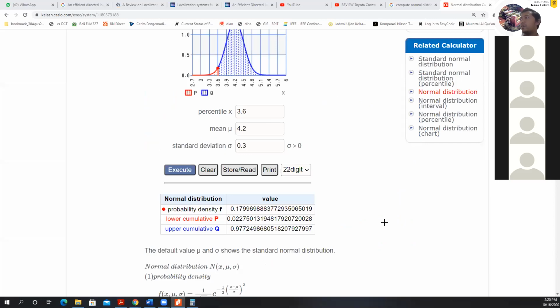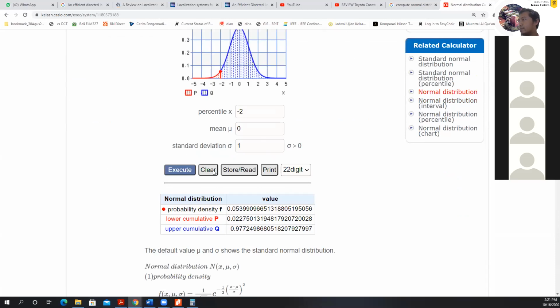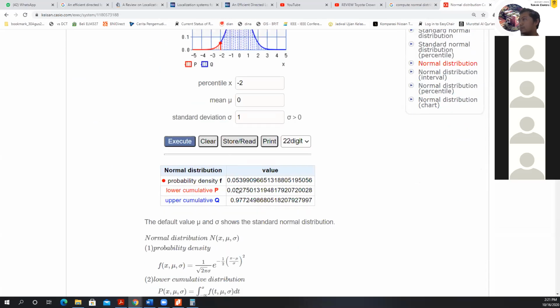If we have, for example, the mean being 0 and the standard deviation being 1, and then the percentile is -2, right?